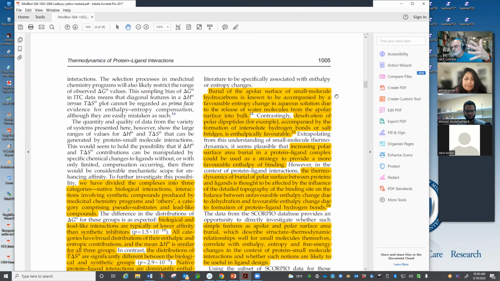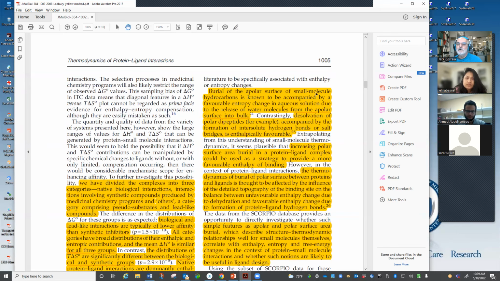What does the active site look like? Where can I make an electrostatic interaction, a hydrogen bond? It binds, look at that, it binds. But the affinity is weak, let's improve it. How do we improve it? We tend to increase the amount of buried apolar surface.